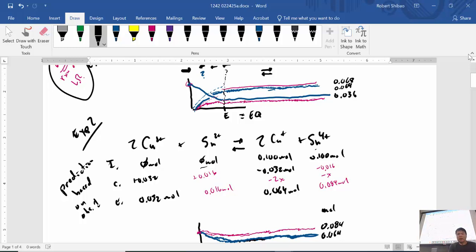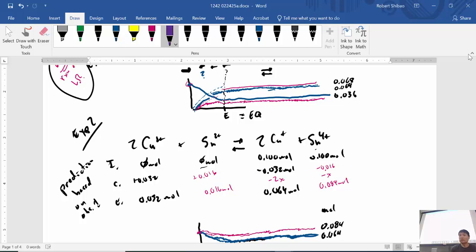If we look at the copper plus, that was the LR, the limiting reagent here. And if we look at the percent reaction, how much was the percent reaction of the limiting reagent going backwards? So we started off at 100 and we end up at 64.